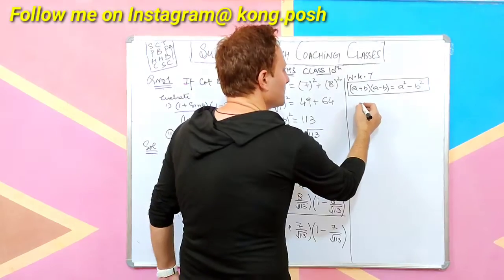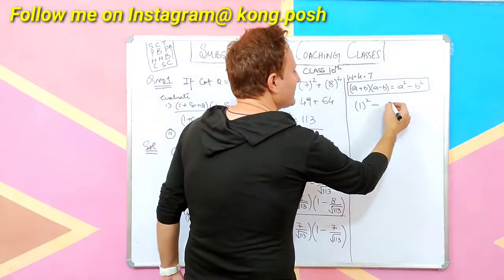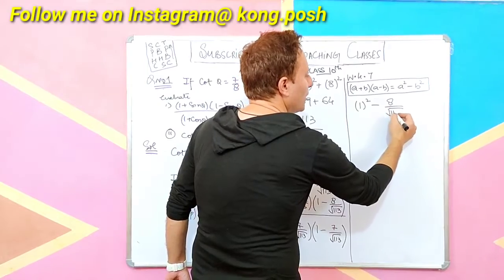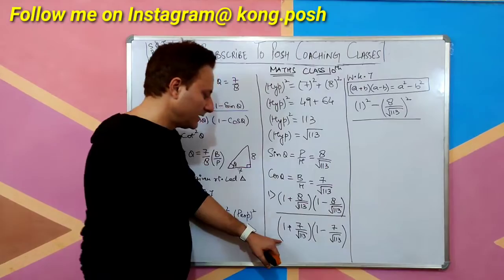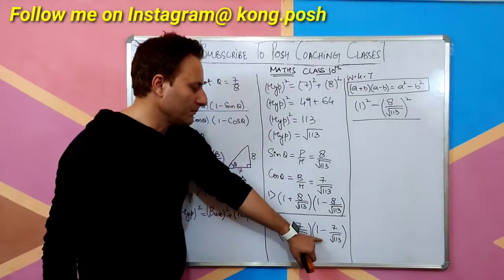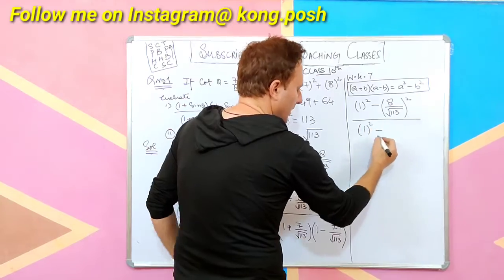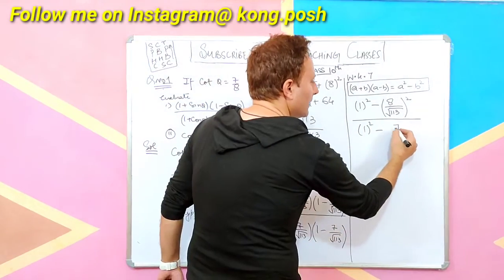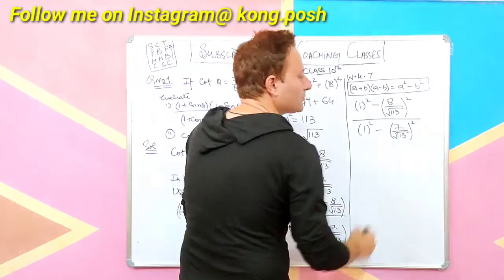So it is 1 square minus (8 upon under root 113) whole square. Similarly, this is a plus b multiplied by a minus b, that is 1 square minus (7 upon under root 113) whole square.